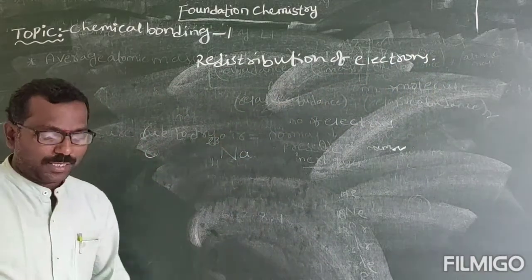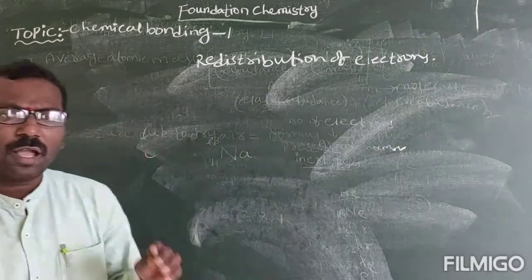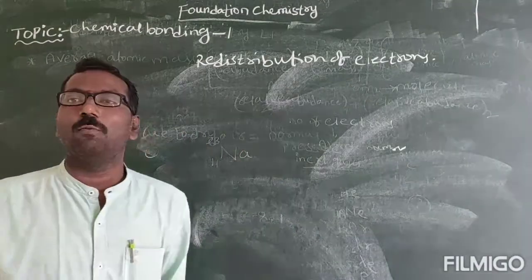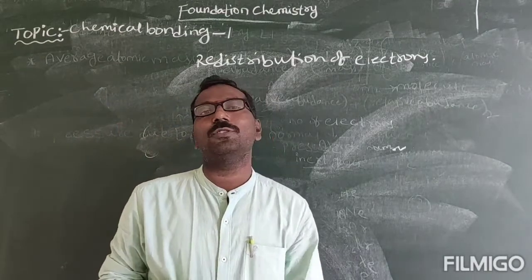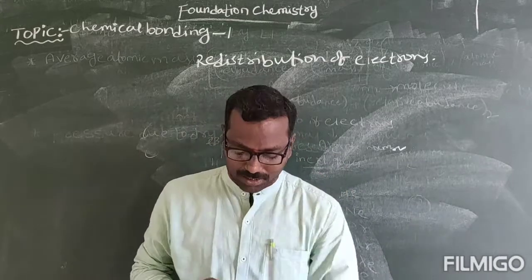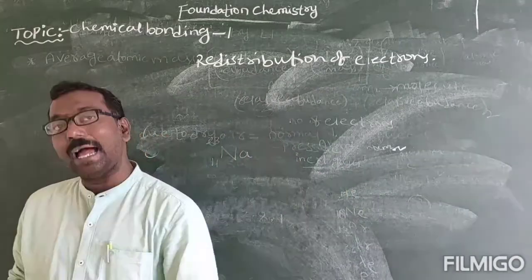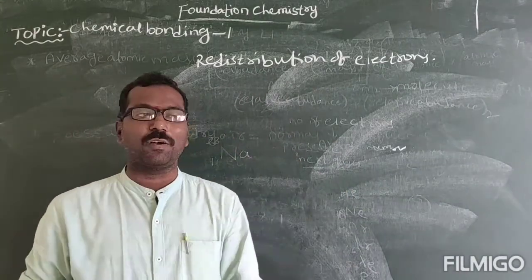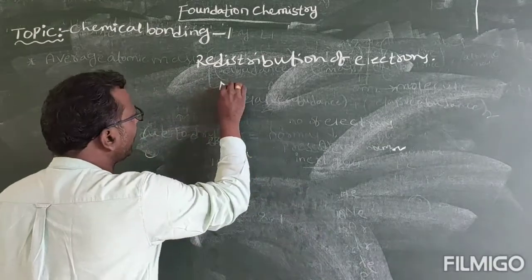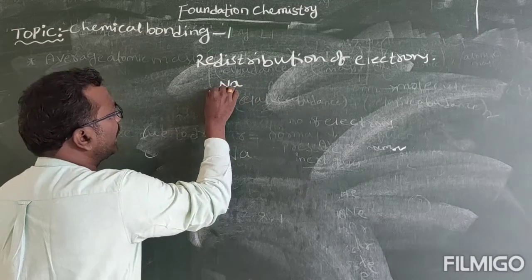Now take how a bond is going to form. Any atom tries to attain 8 electrons in its outermost shell. That is considered a stable electronic configuration, the octet configuration. Suppose sodium is there, 11.